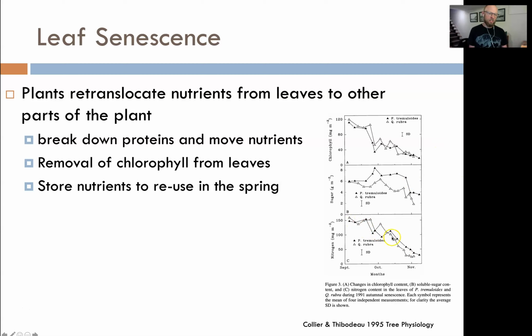But you can see, similar to chlorophyll, the nitrogen content is dropping really drastically during those fall months. So much like the chlorophyll, other sources of nitrogen, particularly rubisco, they're taking the nitrogen out of those molecules and pulling it out of the leaf and again storing it for use in the spring.